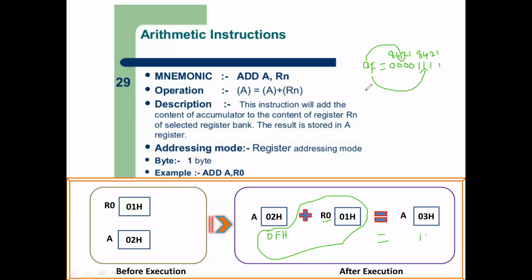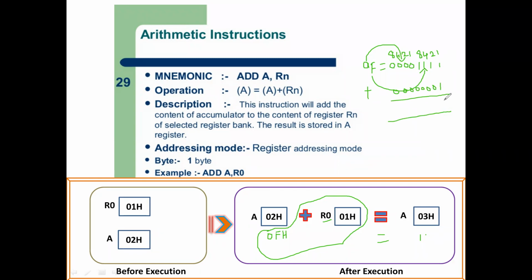So if I add 1, the upper nibble is 0, 0, 0, all 0, and the lowest bit is 1. Then what is my final answer?